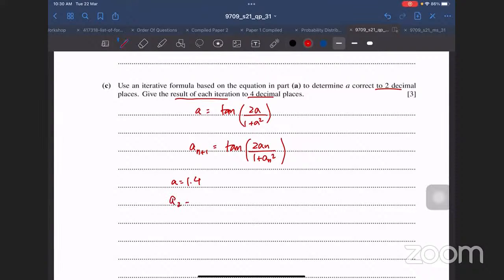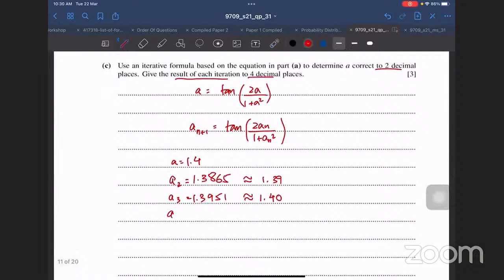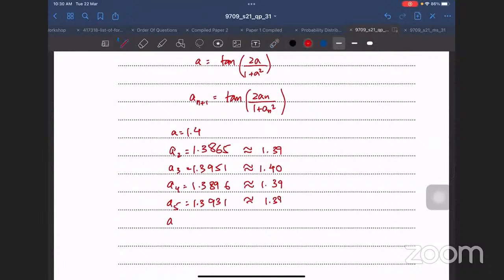So the next iteration that I'm getting is 1.3865, which is 1.39, then 1.3951, which is 1.40, then 1.3896, which is 1.39, then 1.3931, also 1.39, and 1.3909, also 1.39.